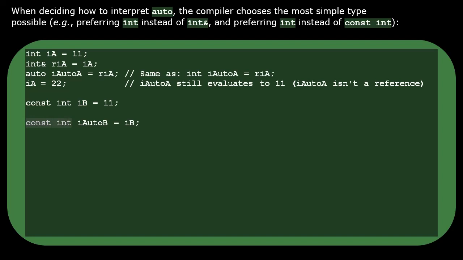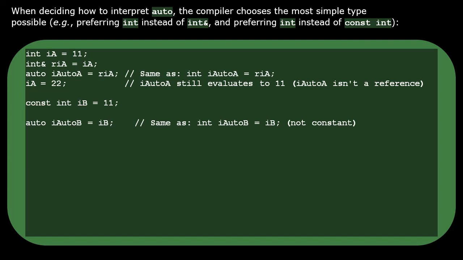Likewise, in this case, the syntax would be valid either way if we had wanted this program to define a constant int, or just an ordinary int. So the type shortcut chooses the more simple option. And so this variable is not a constant.